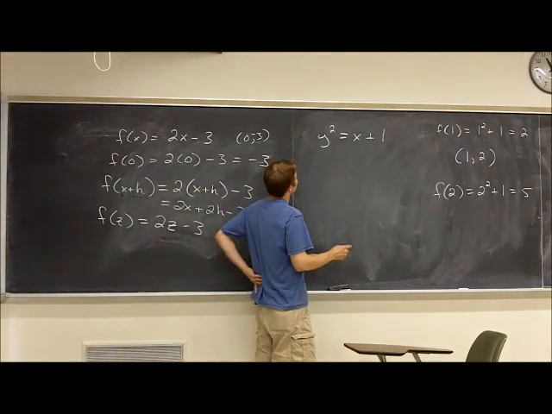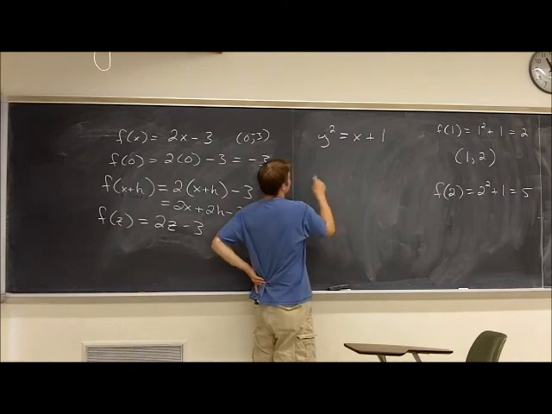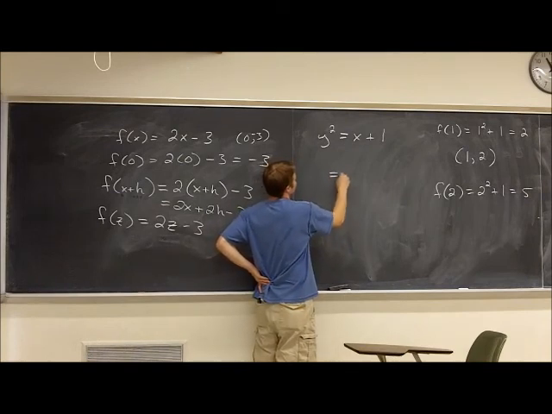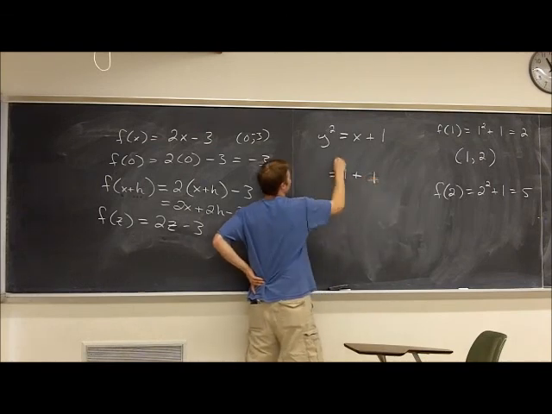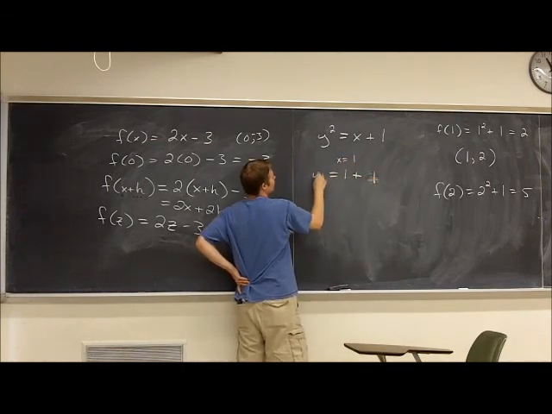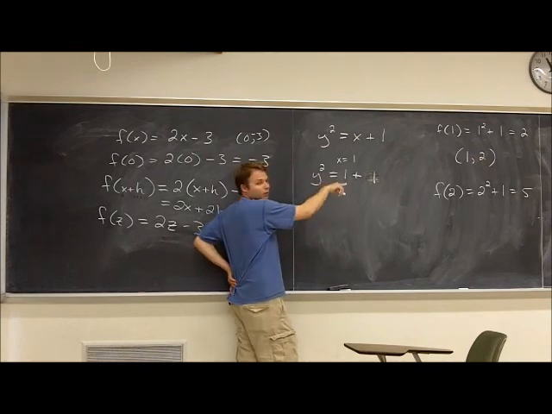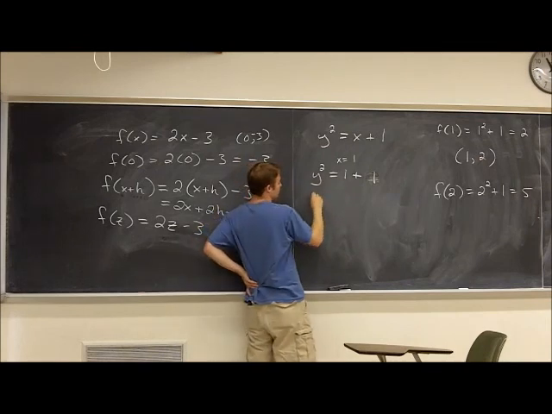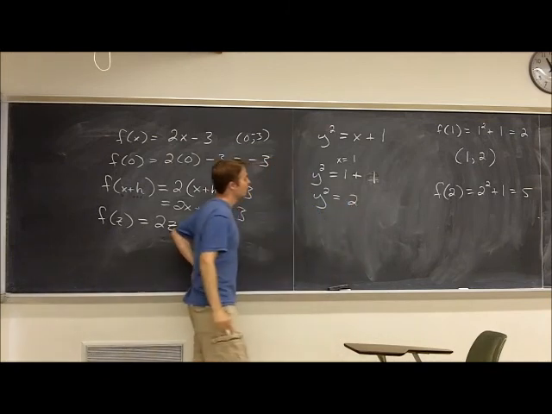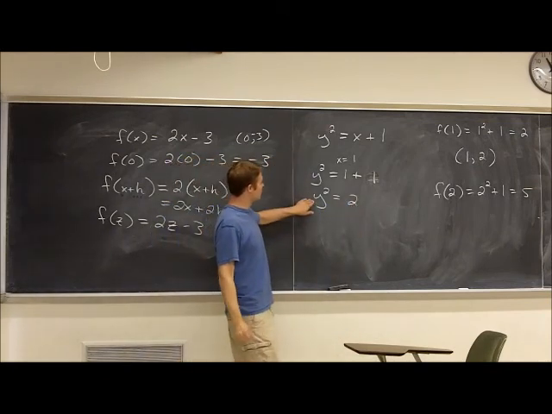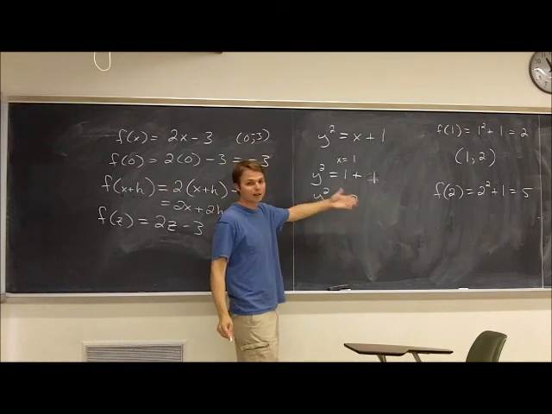Well, if I put in, for example, x equals 1, that's telling me that y squared is equal to 1 plus 1, so y squared is equal to 2. Well, what y values can I square and get 2?